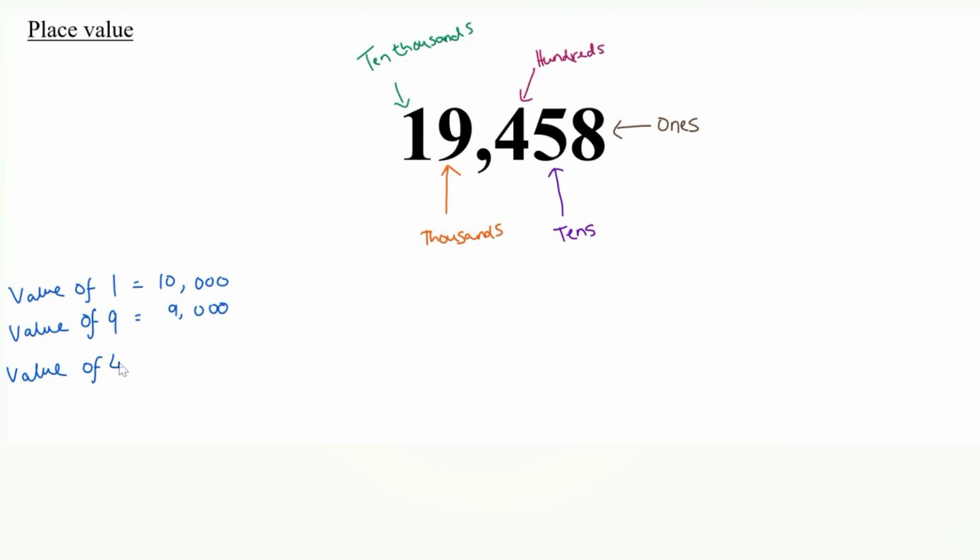The value of 4 would be 4 multiplied by 100, which is 400. The value of 5 is 5 times 10, which is 50. And lastly, the value of 8 is just 8 times 1, which is 8.